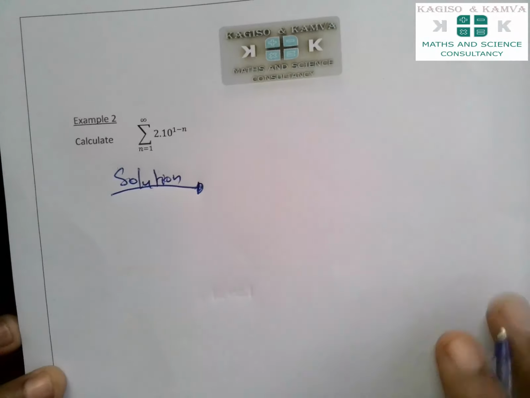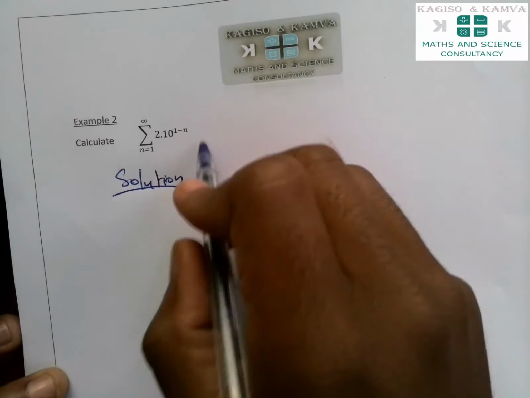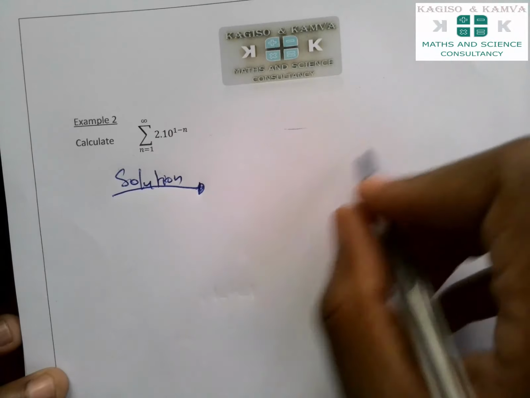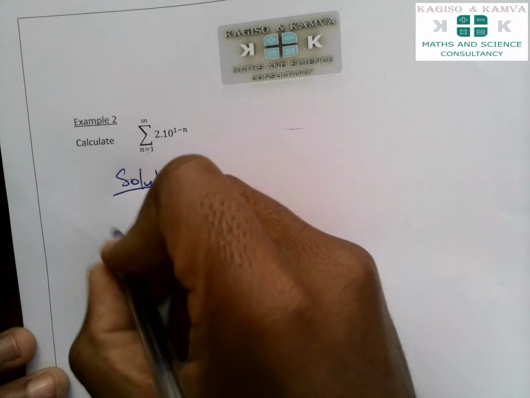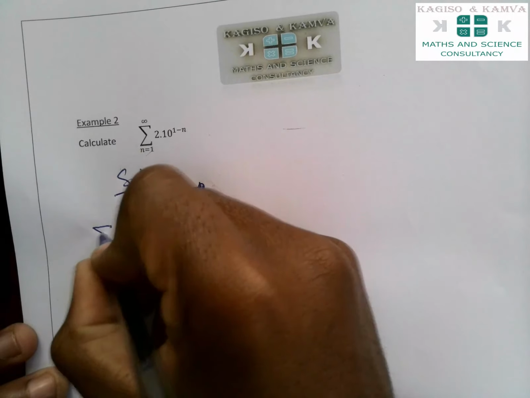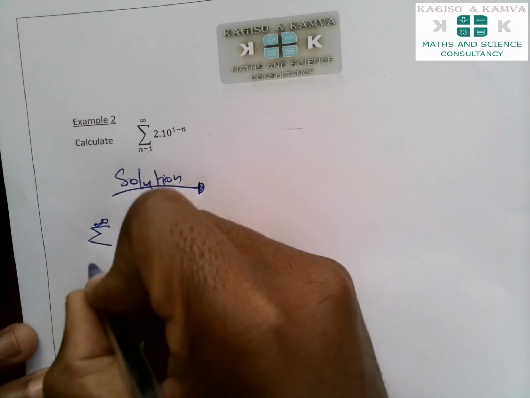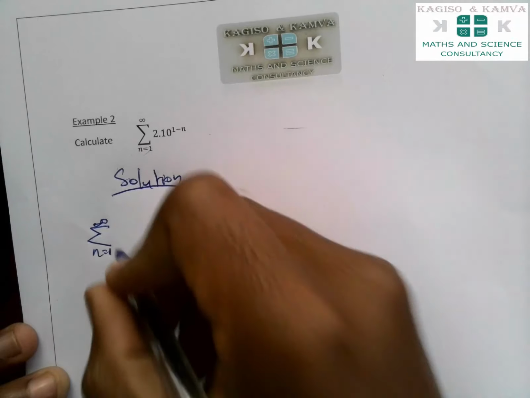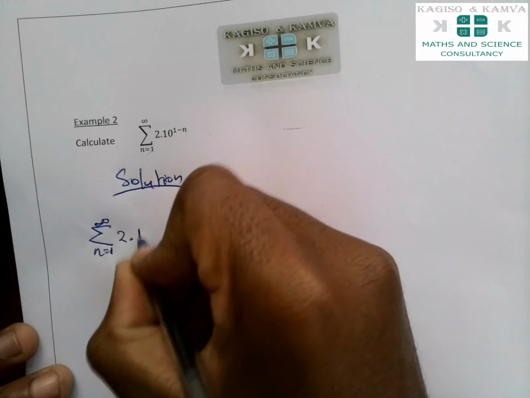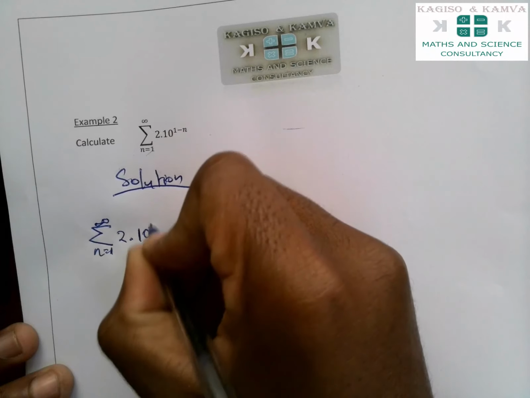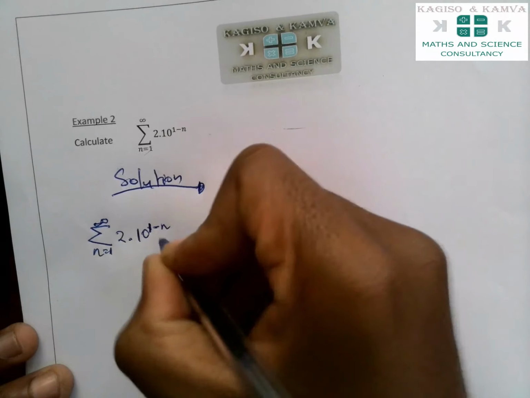We first need to find the series, starting from 1. This is how we get the series: the sum to infinity, n is equal to 1, of 2 times 10 to the power 1 minus n.